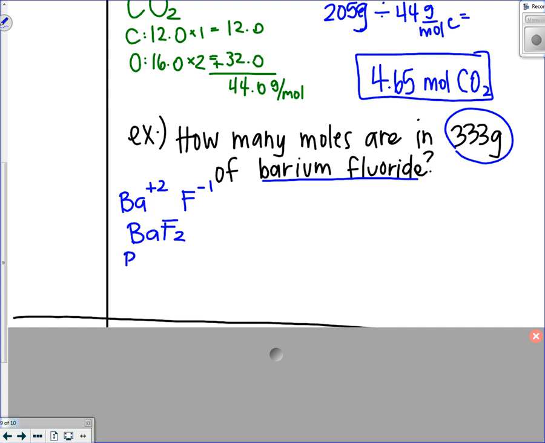Then again, list the elements in the compound and find their individual masses. We already did fluorine, and I remember that from earlier. Fluorine has a mass of 19.0. And then as I look at my periodic table and find barium in the second column, I can see that barium has a mass of 137.3.